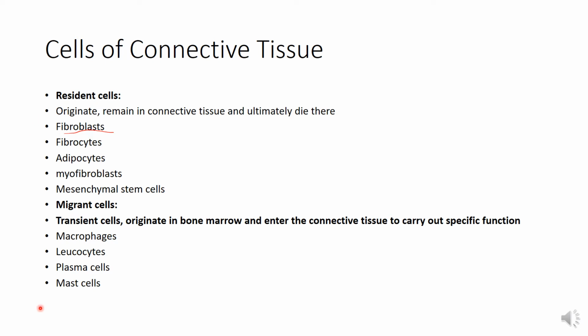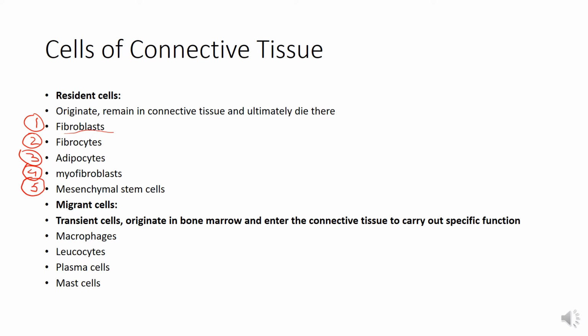So how many types are there? Number one is the fibroblast, number two is the fibrocyte, number three is the adipocytes, number four is the myofibroblast, and number five is the mesenchymal stem cells. So five varieties of resident cells.